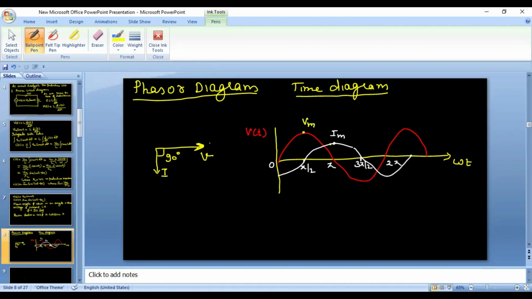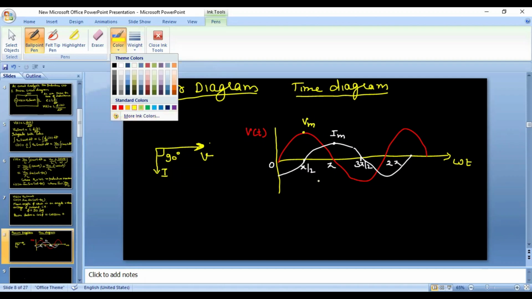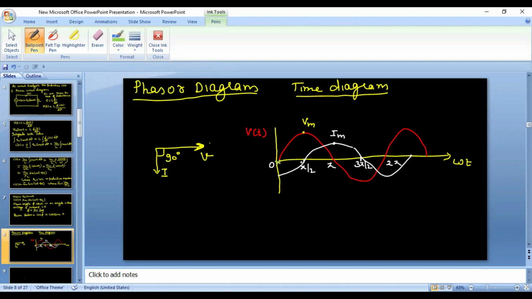So this is Vm and this is Im. Now you can clearly see that at 0 the voltage value is 0 and the current value is 0 at pi by 2. So you can see that the current is lagging 90 degrees from the voltage V.